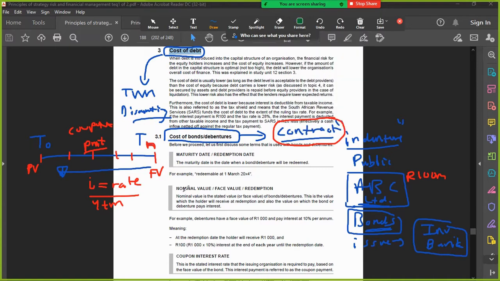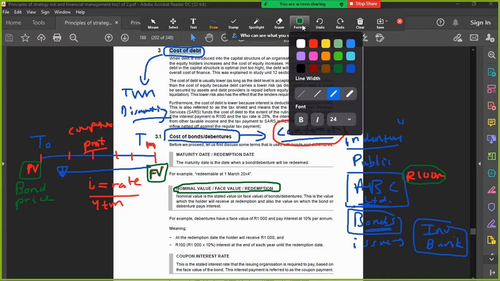So this is the first term: nominal or face value or redemption. This is the future value. In my example, that could be the 100 million. That's the face value of the bond. If it's the face value, that face value needs to be discounted to get the present value, which is the bond price.